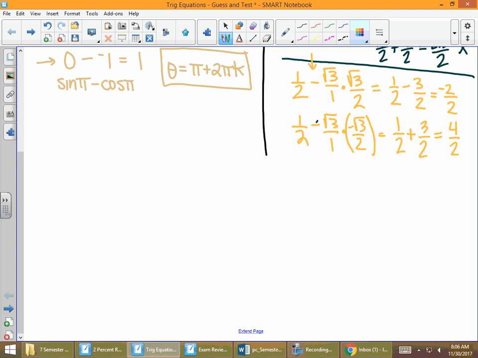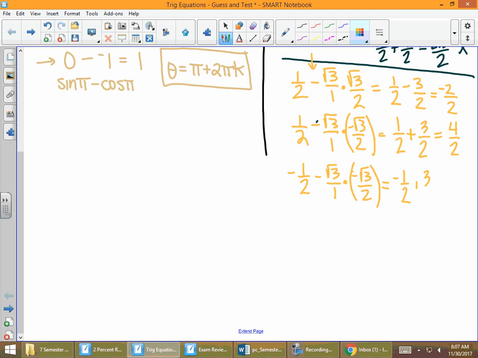Let's see if we can do negative and negative. So negative 1/2 minus radical 3 over 1 times negative radical 3 over 2. I think this is going to do it. The negative 1/2 stays. Radical 3 times radical 3 is 3.